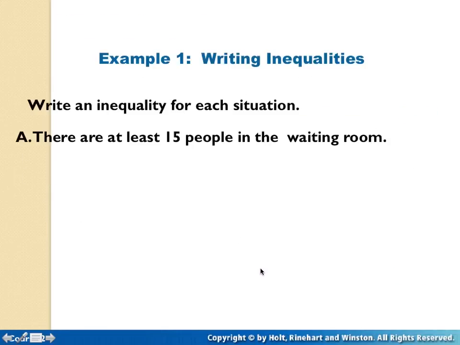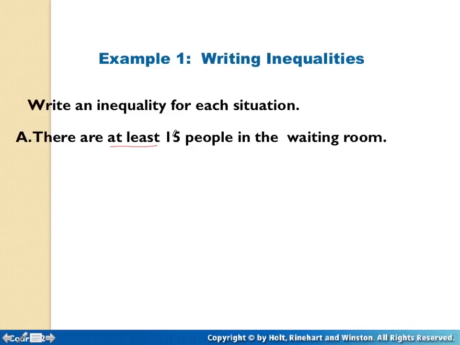All right, a couple things you're going to need to know how to do are writing inequalities. And we're going to need to look back at that chart in your notes and refer to some of the terms that were given. So, for example, letter A, there are at least 15 people in the waiting room. At least 15. So here's our hint word, at least. That means that there could be 15 people or there could be more.